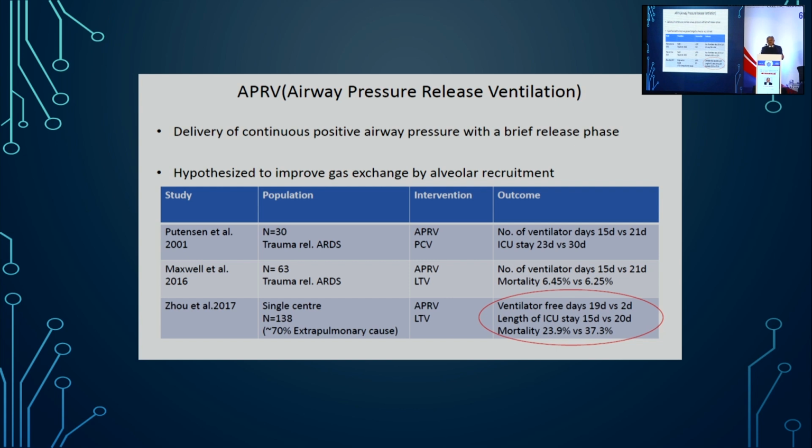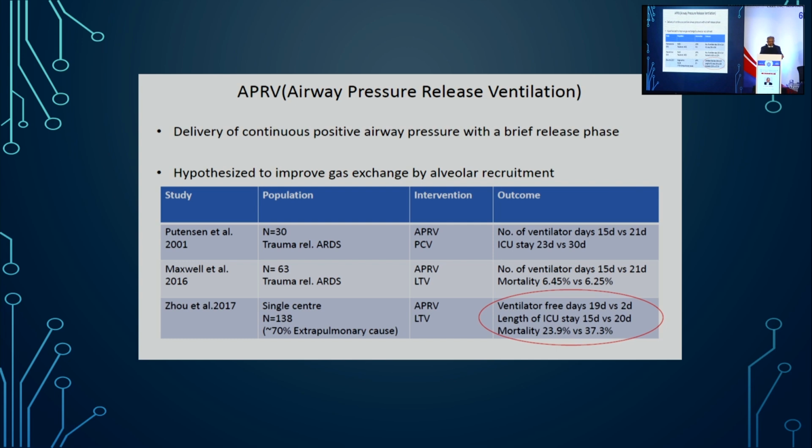There is another modality called airway pressure release ventilation. Some of the advanced ventilators do have this. There is a constant positive pressure in the lungs, and suddenly the pressure is released. When the pressure is released, the expiration happens. So, APRV mode is there in many of the newer ventilators, and this may improve oxygenation by recruiting more alveoli.